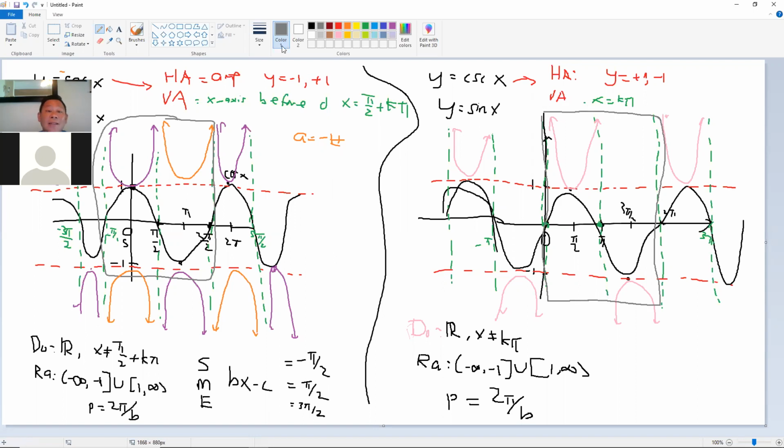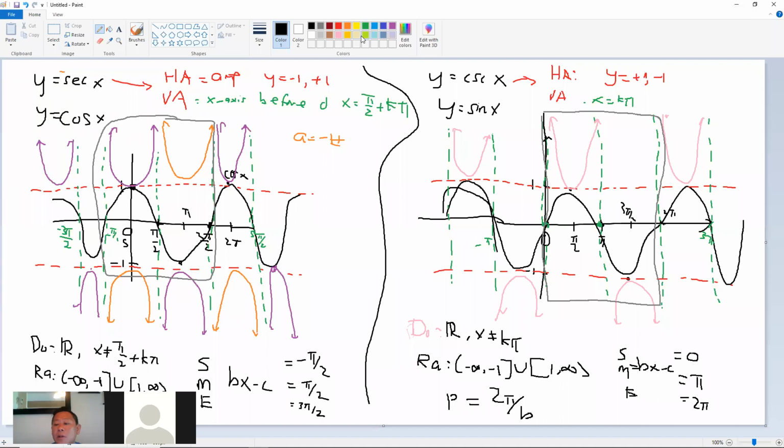Since it has a middle, you will have a starting point, a middle point and an ending point, where you use bx minus c equals 0. This is where you start. The middle point is equal to pi, and then the end point is equal to 2 pi. A little bit different from your cosecant graph or your secant graph.